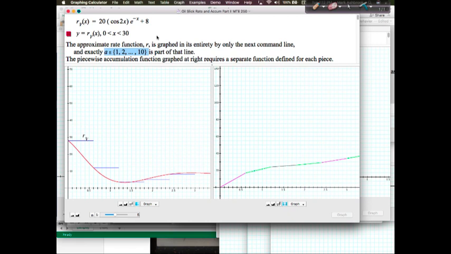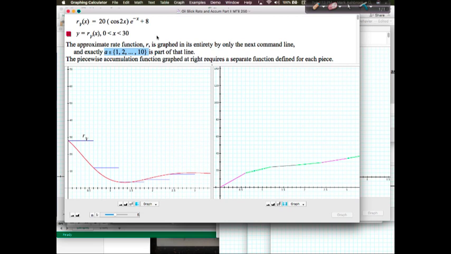So A is a member of 1 through 10, and that's the blue. You're going to use exactly that, A as a member of 1, 2 through 10, as part of your line, and it's going to graph the whole approximate rate function.